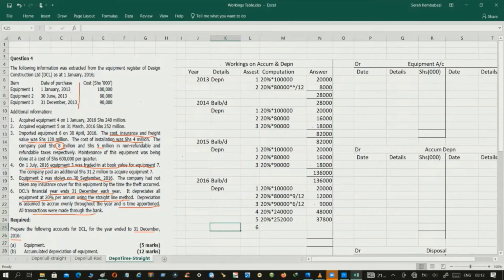So we are going to add on only the non-refundable because it's money that we can't claim back. Maintenance and equipment, no. So get the 120 plus the 4 plus the 8 that we cannot get back, giving us a total of 132. So that is the new cost of that item.